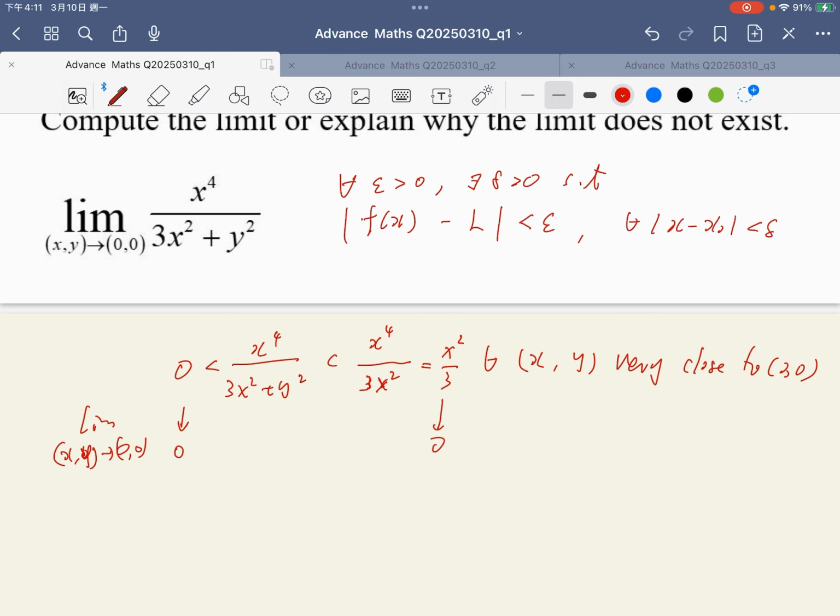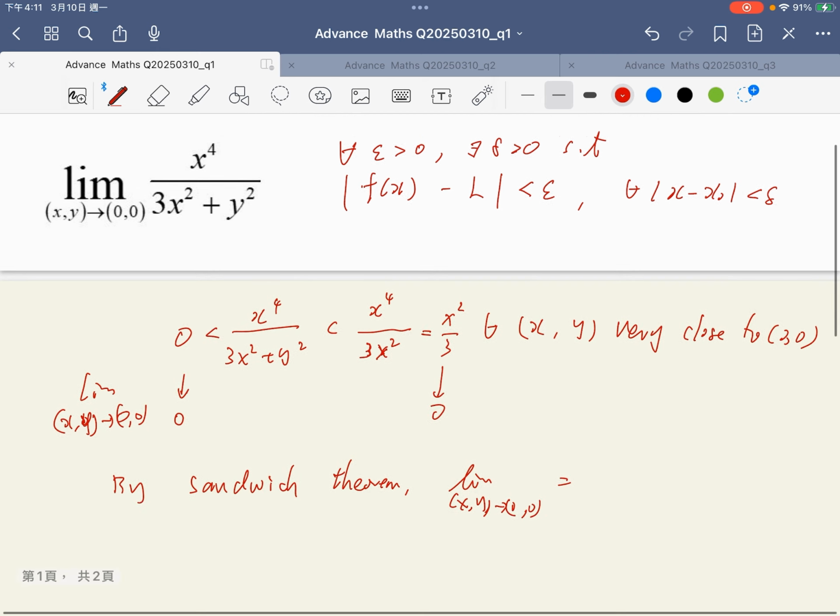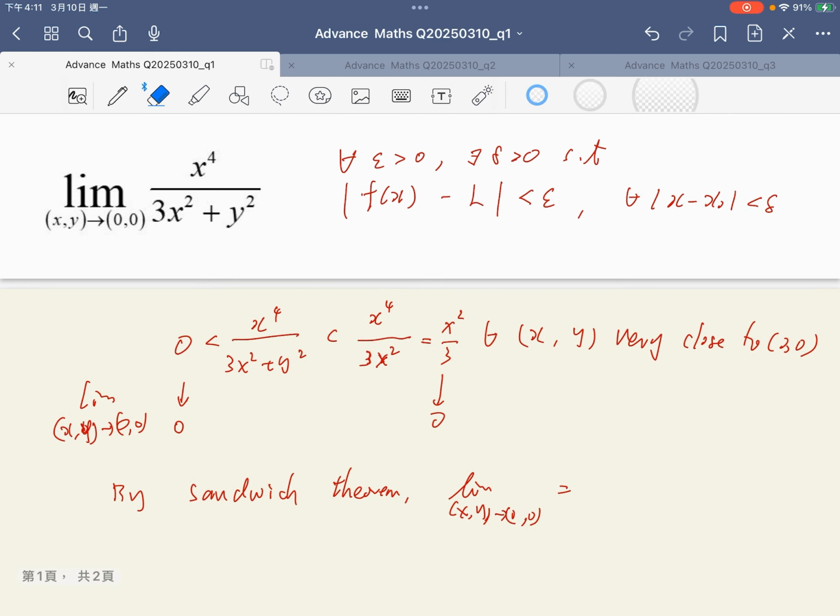By the sandwich theorem, the limit as x, y tend to 0 exists.